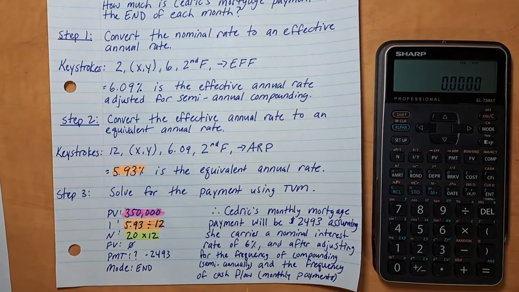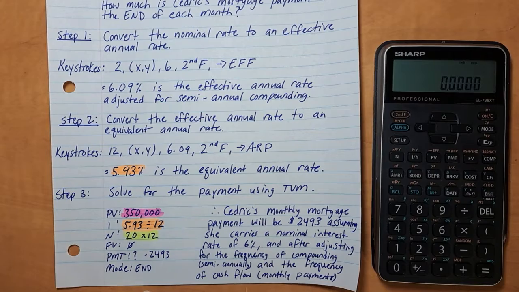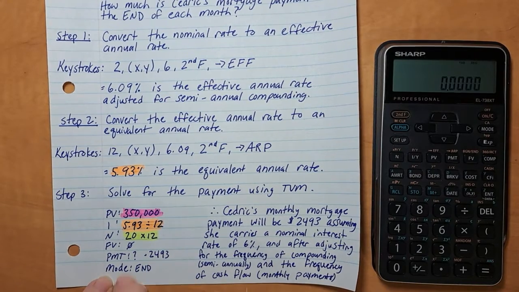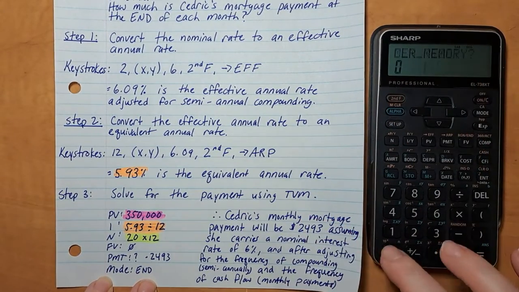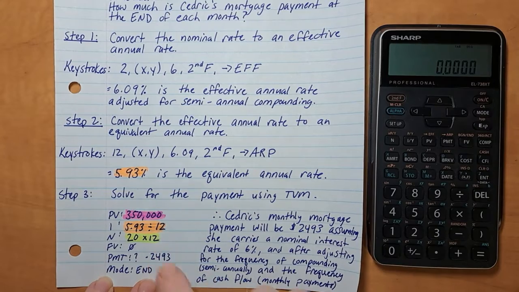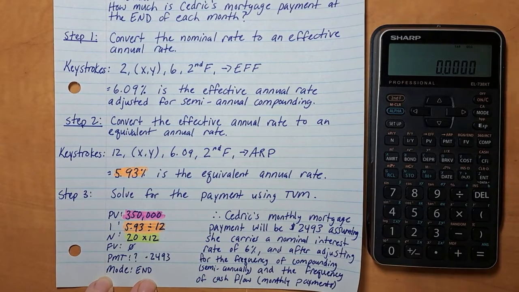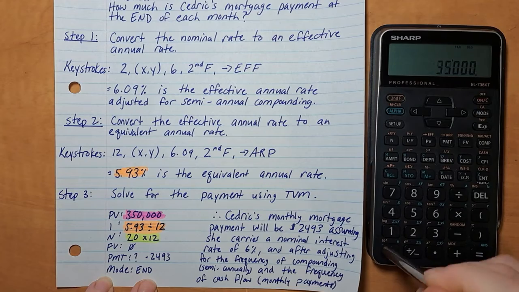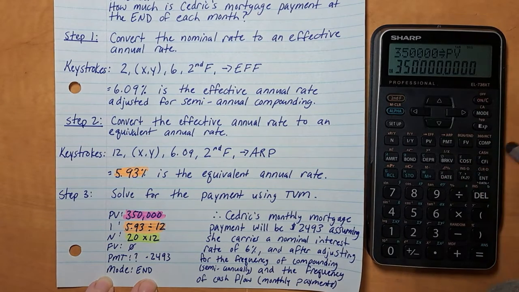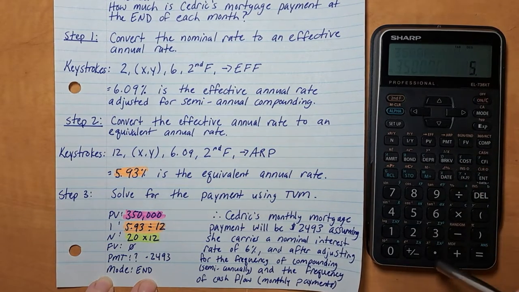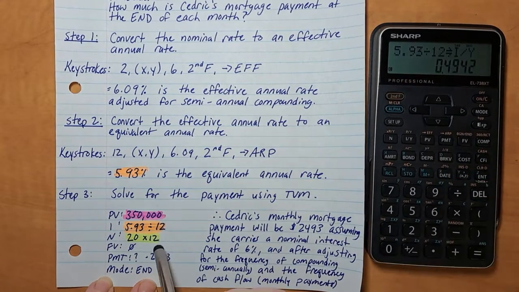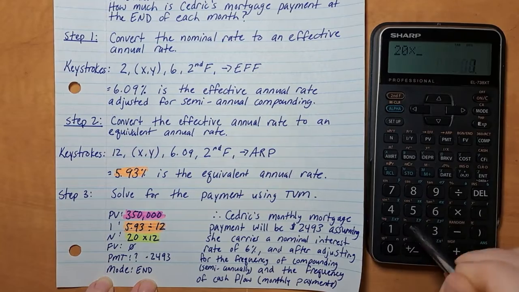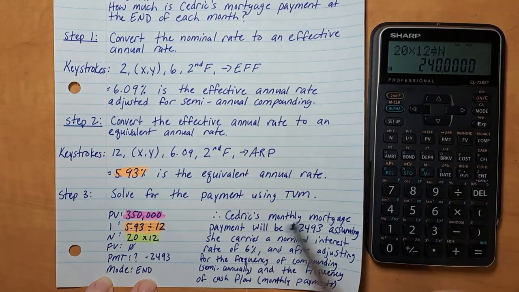And the future value is 0 because he wants to know how much it will cost him each month to pay it off in 20 years. So let's go ahead and calculate it. Again, it is second function alpha 0 to clear the calculator. So here we go. 350,000 present value, 5.93 divided by 12, interest, 20 times 12 is the time period.